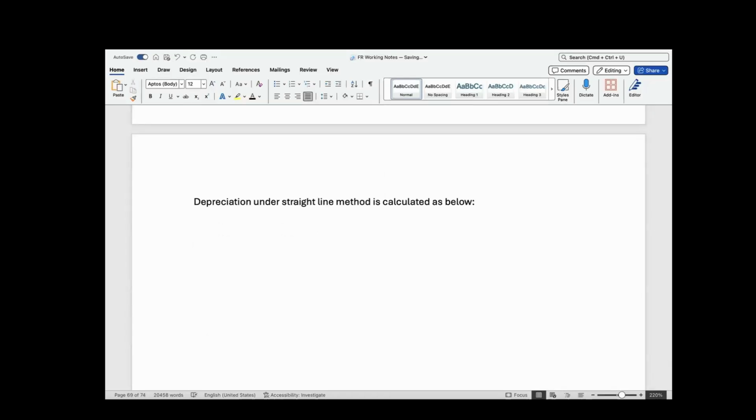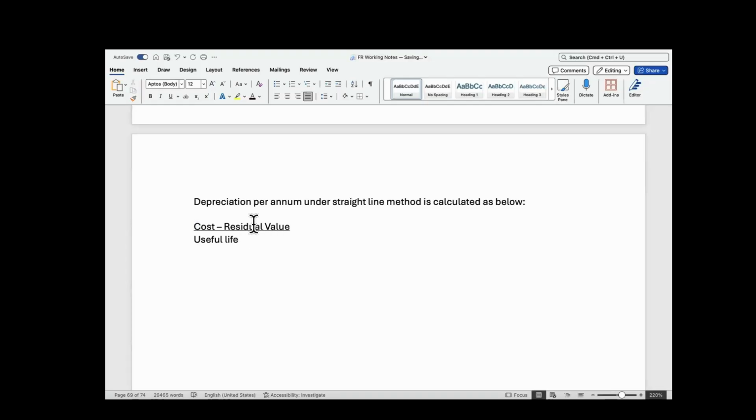It's simply the cost minus residual value, which gives you depreciable amount of cost, divided by the useful life. So if you do this, this will give you depreciation per annum to be equal every year if you use this formula.